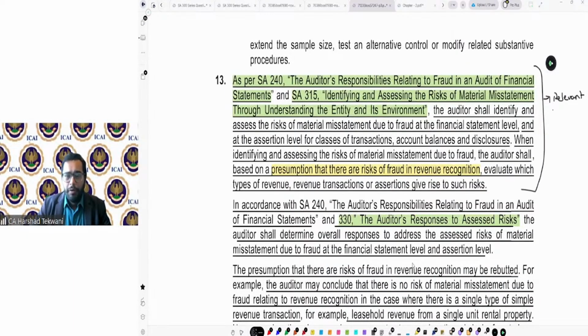The relevant provision, or responsibilities of auditor, from SA. Same over here. From SA, I'm writing what is the requirement of the SA.